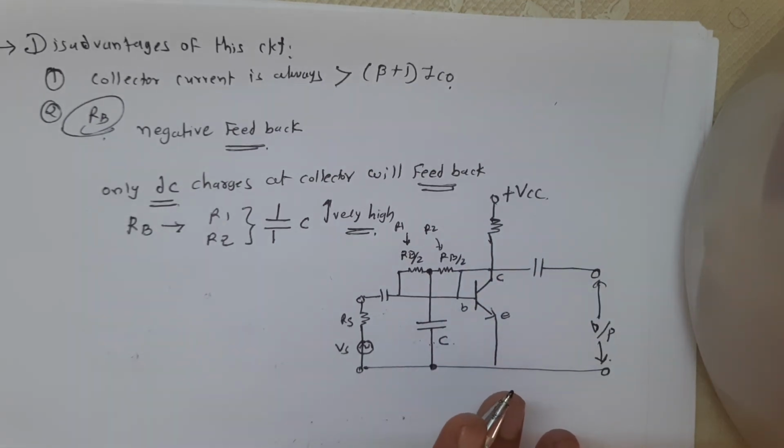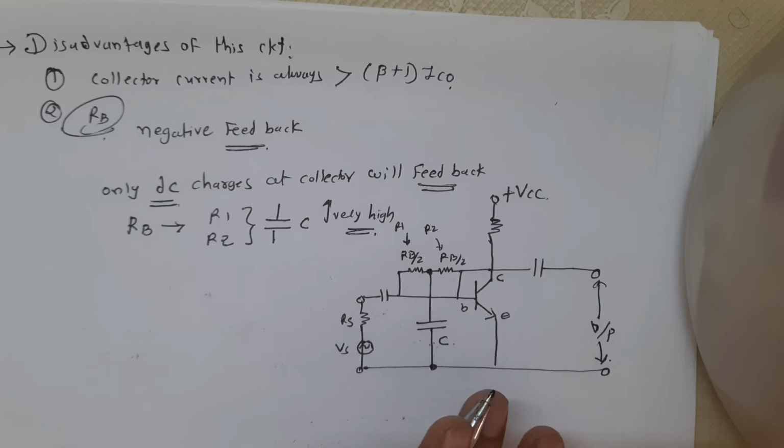I repeat, to avoid the reduction in gain, the circuit is arranged so that only DC at the collector will feed back to the base and no AC is given to the base.